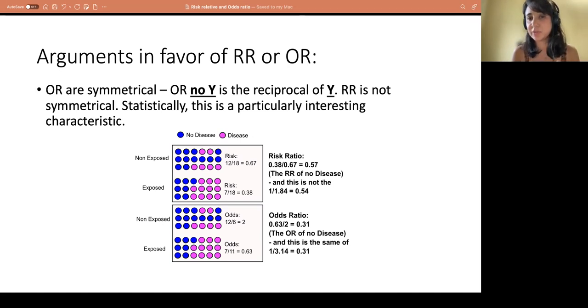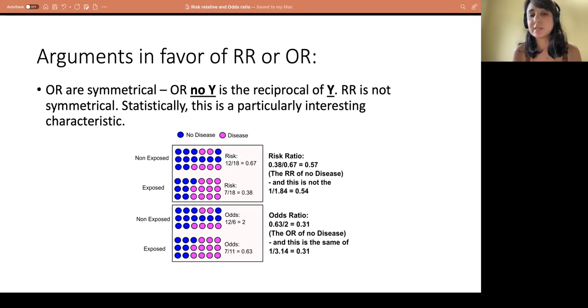first let's start with risk ratio, and I will mathematically prove to you that the risk ratio of no disease, not developing the disease, is not the reciprocal. In this case, the risk of no disease in the exposed group is 7, because we have 7 blue circles, meaning 7 patients without the disease, of a total of 18.